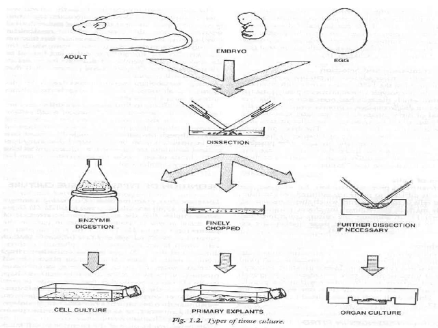This picture shows the process of having the monolayer on a flask or a glass test tube. We take an animal, adult or embryo, or other living system like an egg.